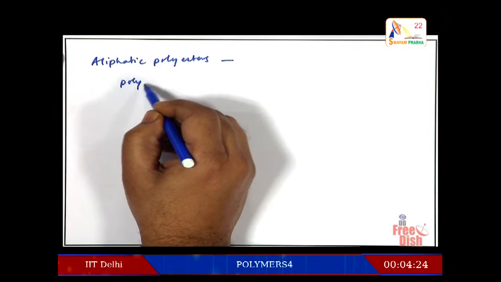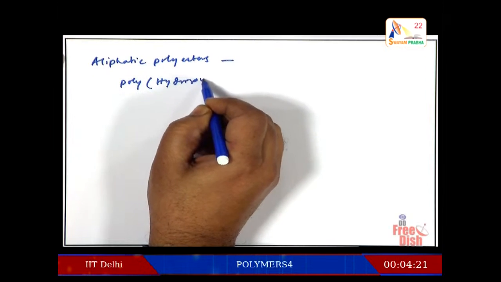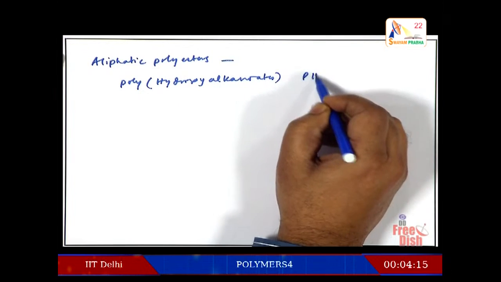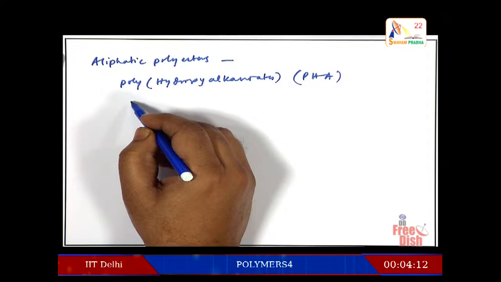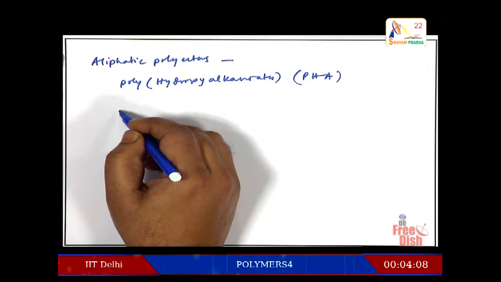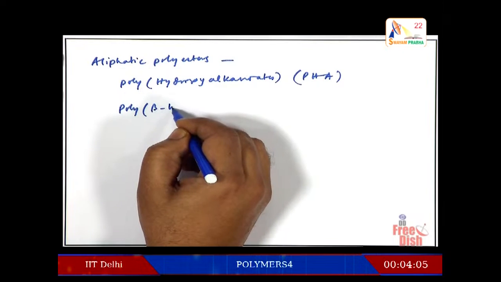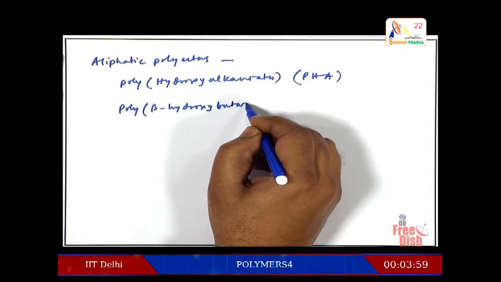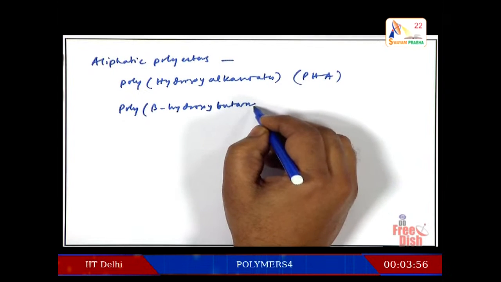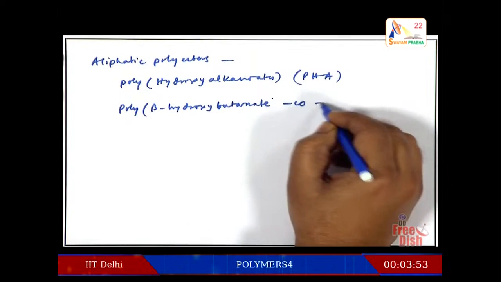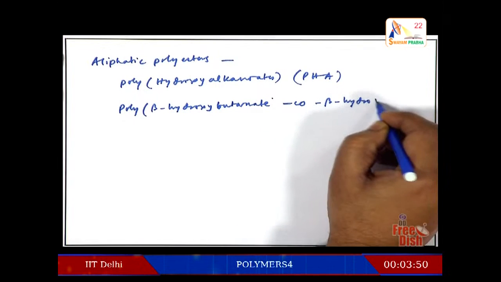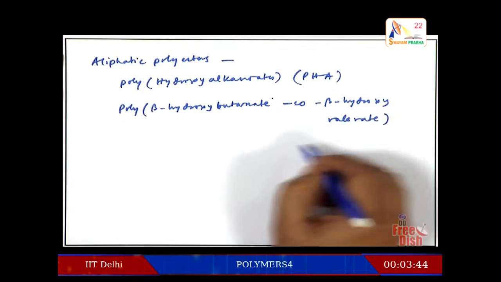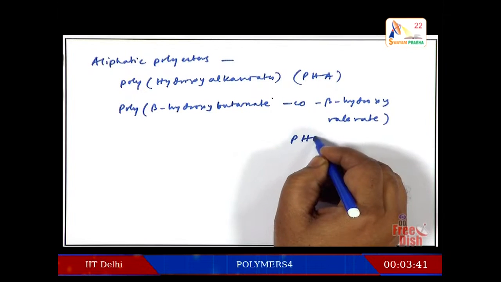An example would be polyhydroxyalkanoates, or PHA in short, and an example is poly beta hydroxybutyrate-co-beta hydroxyvalerate. In short, it is called PHBV.